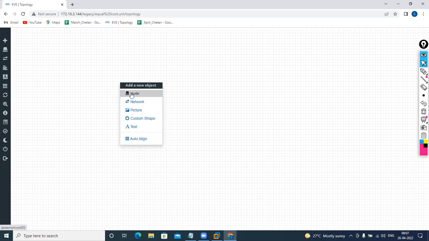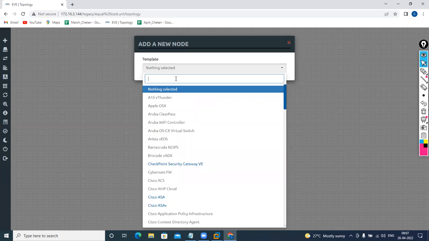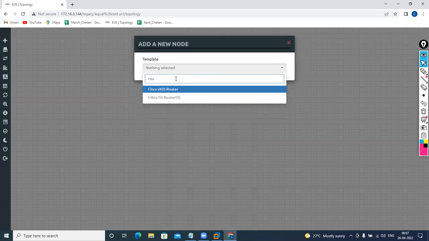So in the same lab, we'll see unequal cost as well. We'll take 1, 2, 3, 4, 5 routers.